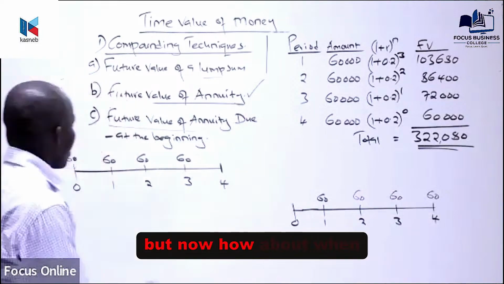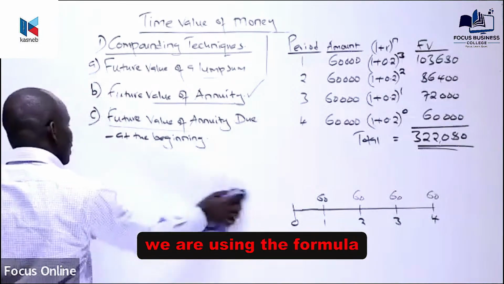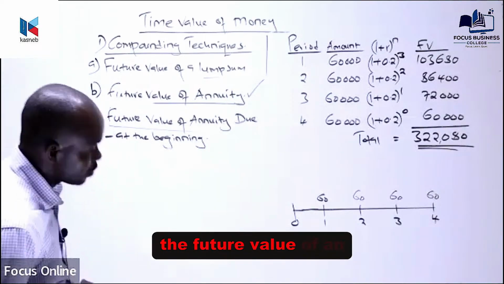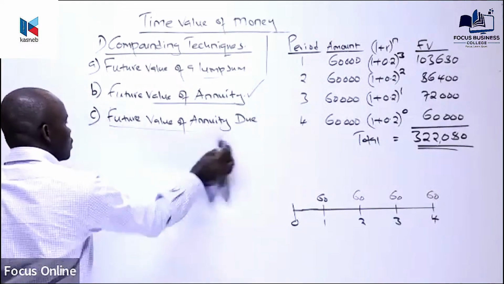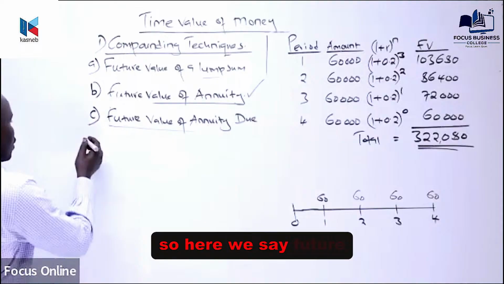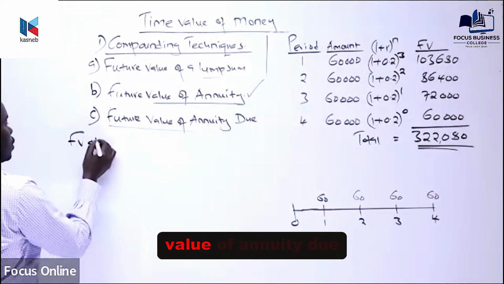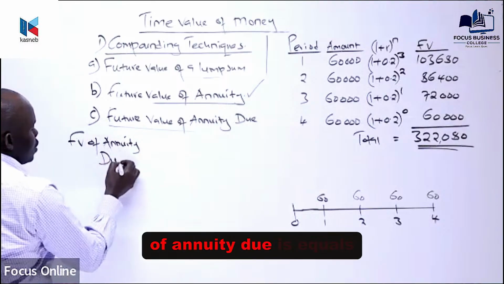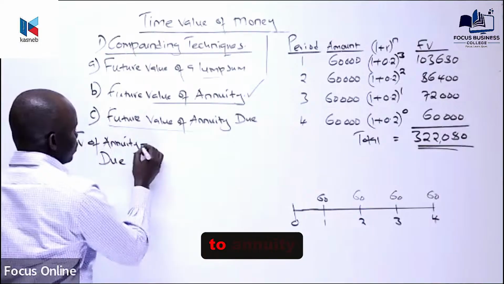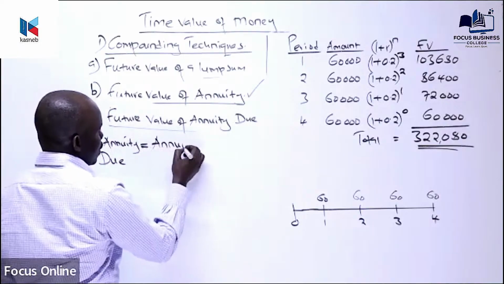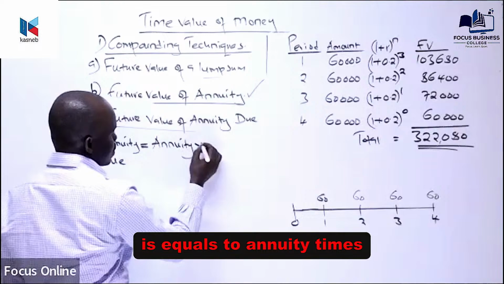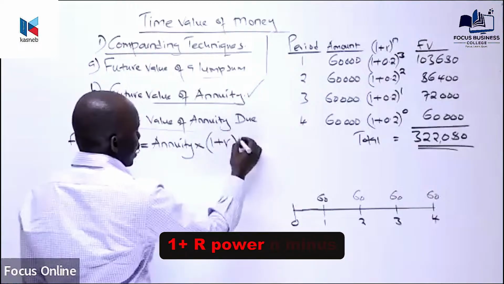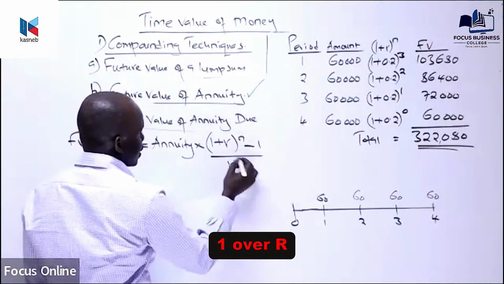But now, how about when we are using the formula? When we are using the formula, this is how we get the future value of an annuity due. So here we say future value of annuity due is equals to annuity times 1 plus r power n minus 1 over r.